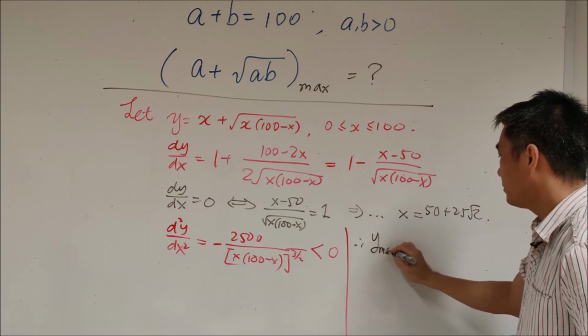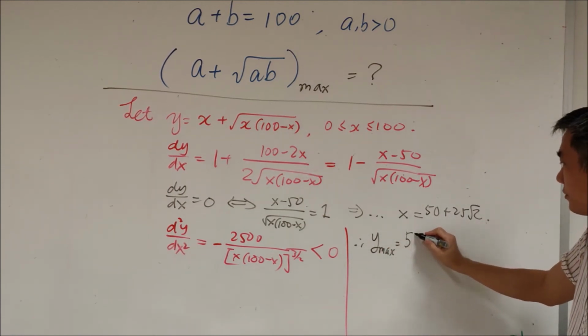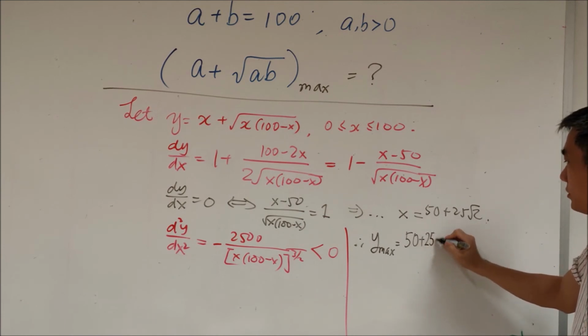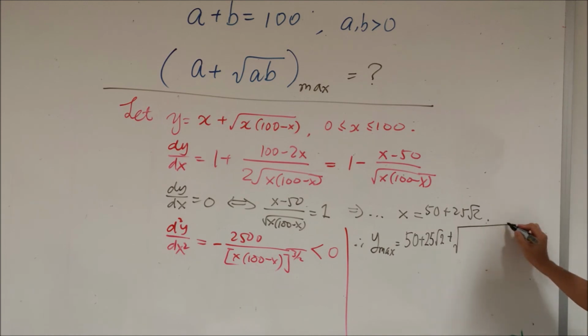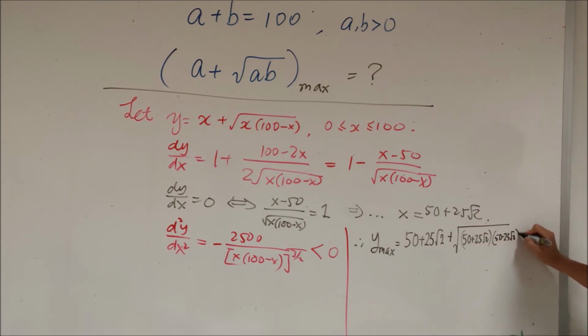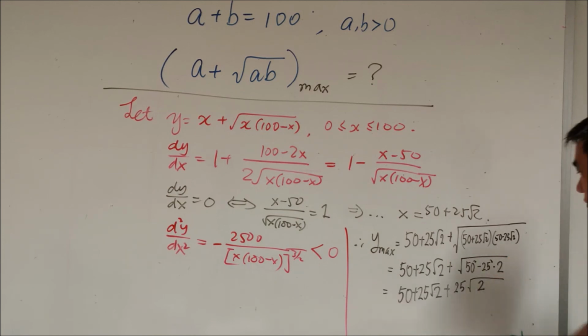The maximum of y occurs when x equals 50 plus 25 square root of 2, and b is 50 minus 25 square root of 2. The product is 50 squared minus 25 squared times 2, so the square root of ab equals 25 square root of 2.